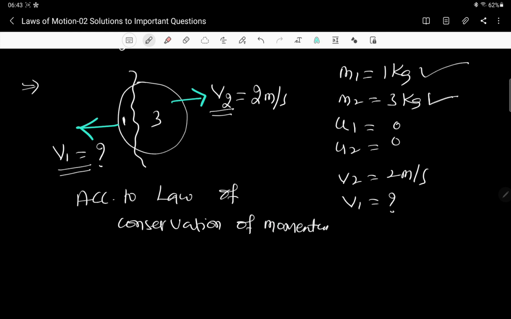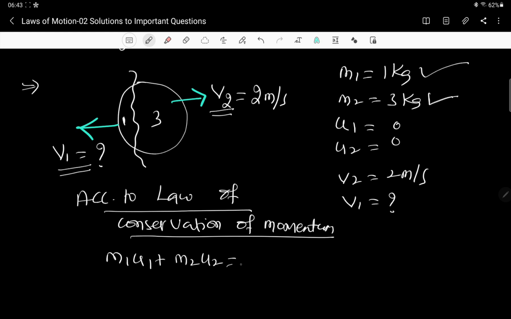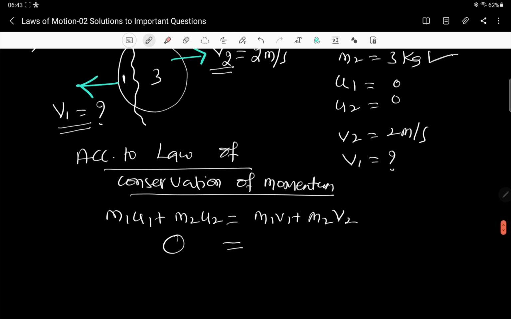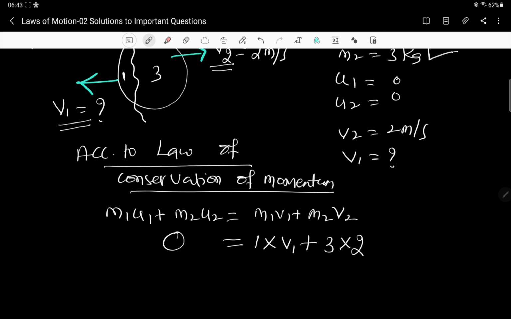So what does law of conservation of momentum say? It says m1u1 plus m2u2 is equal to m1v1 plus m2v2. So this total, this becomes 0. Why does it become 0? Because both of them are at rest only, so that's why. So m1 is 1 kg into v1, we don't know, plus m2 is 3 kg, and v2, what is the value of v2? v2 is 2 meter per second.